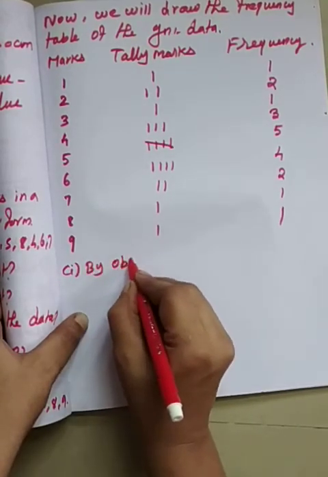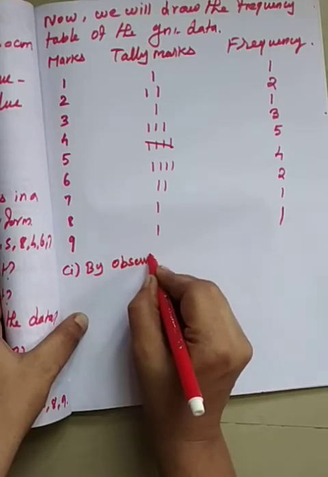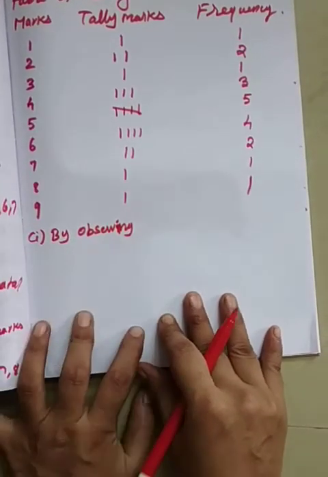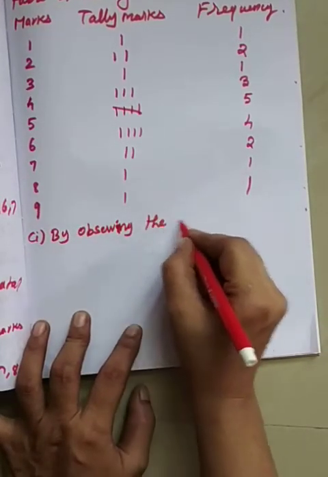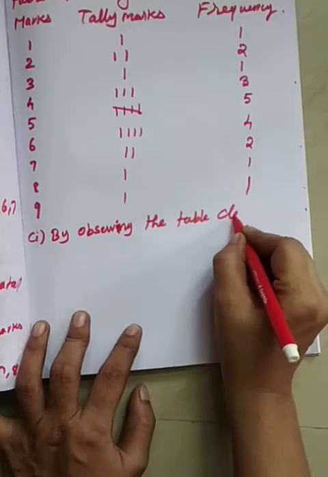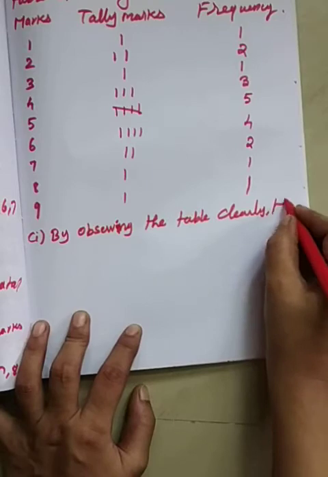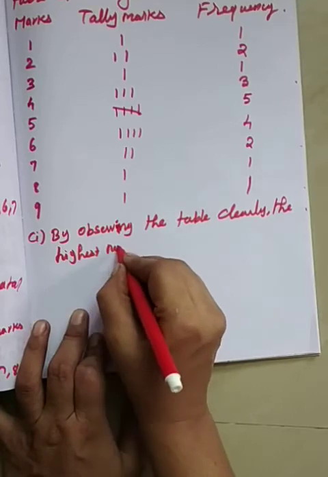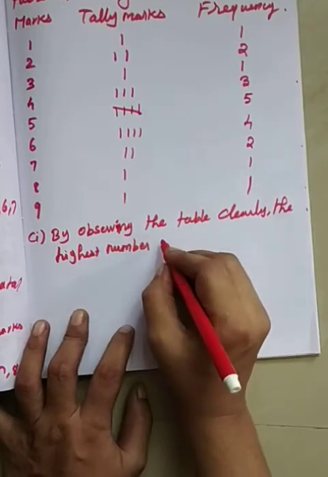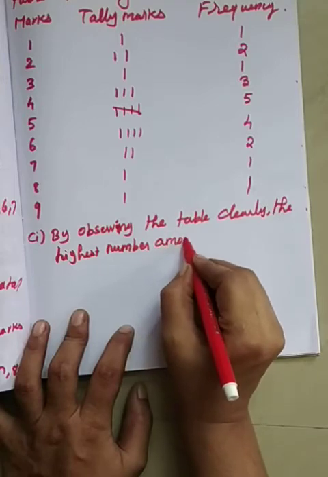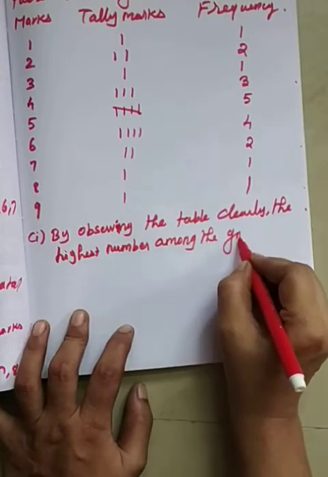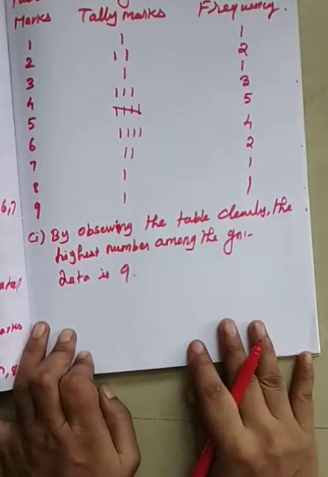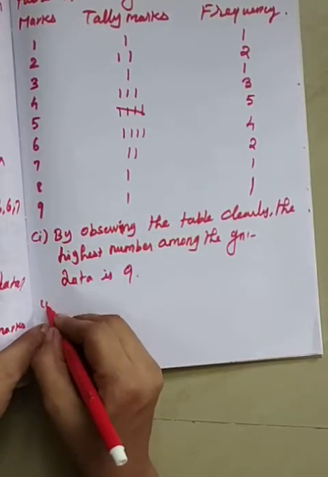So by observing the table clearly, the highest number among the given data is what is that? 9.